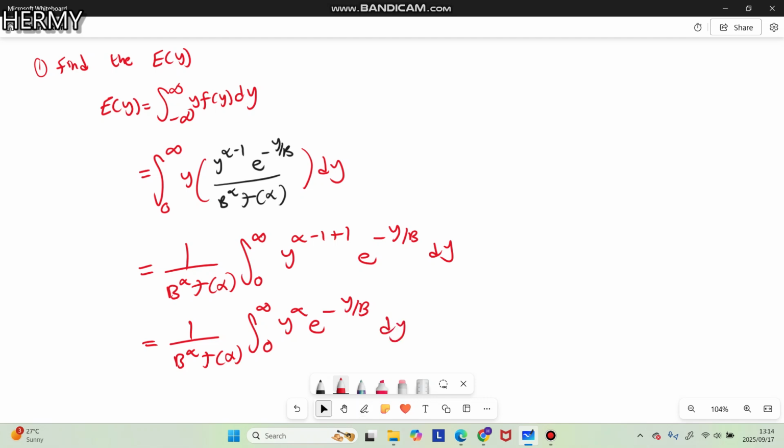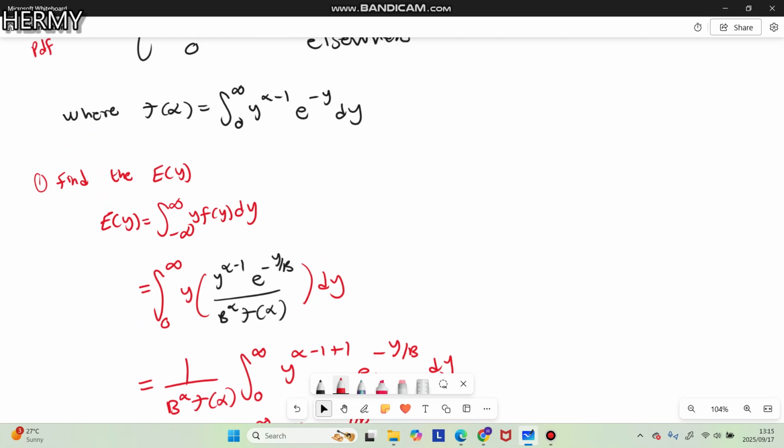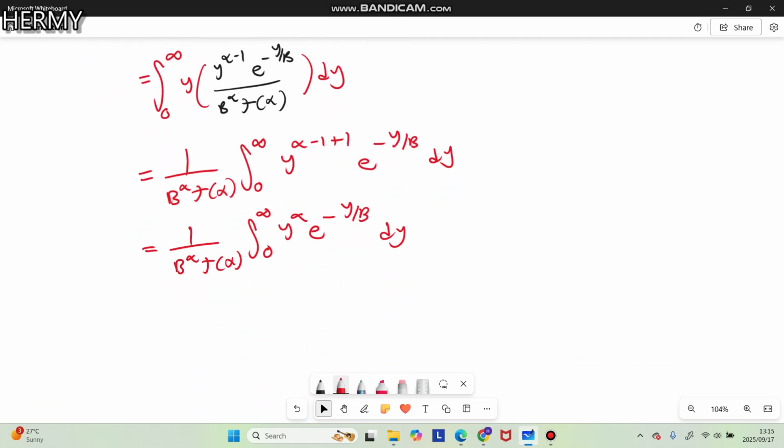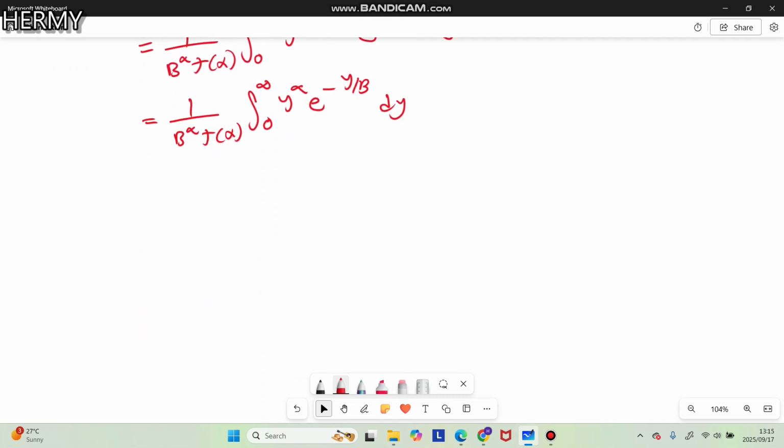There you go. But remember, what did I say about gamma of alpha? Gamma of alpha equals this guy here. But what exactly is this? I want you to note that the integral from negative infinity to infinity of f of y dy is just 1 when you integrate the function from its lowest to its highest.